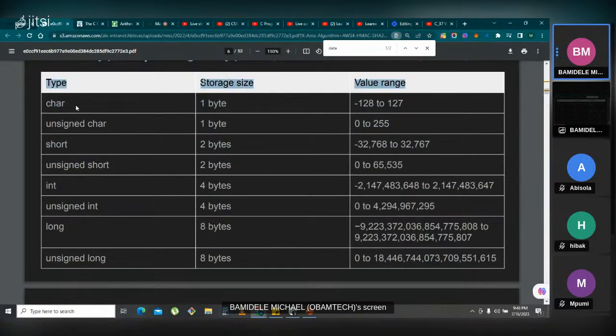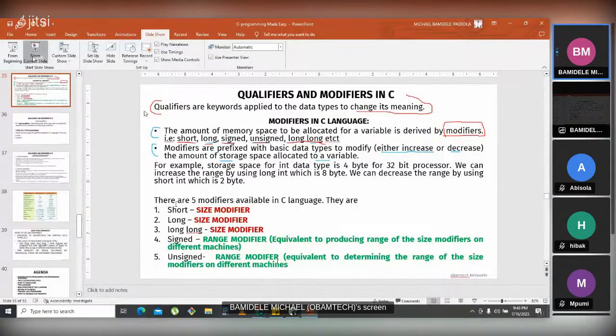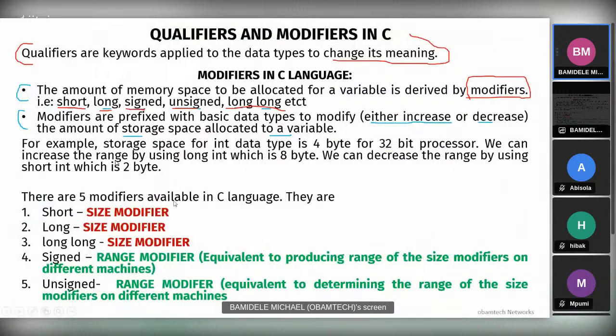Whatever type is here, there's a standard value for it, and that is what will determine the value here. So this chart is something that we need to go through, and what will make that chart more understandable is the understanding that those things are called modifiers.